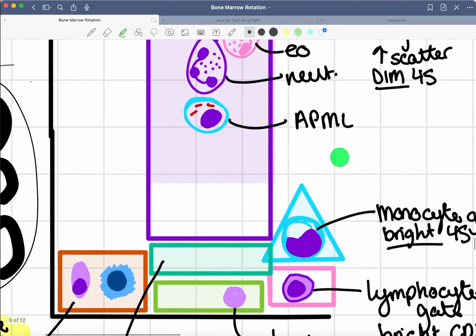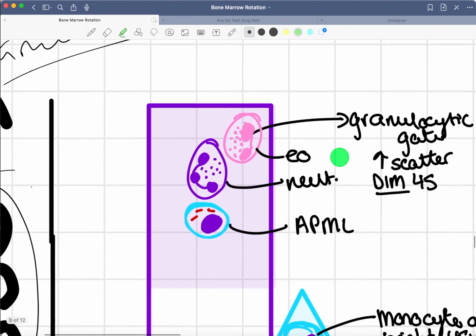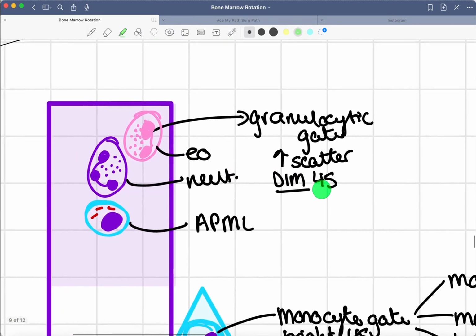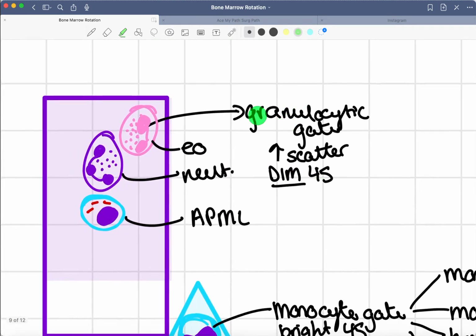So we'll go over a little bit further here, and we'll start up over here with the cells, sorry, I keep saying molecules, the cells that have the most granules in them, and that tend to be about medium size. So this here is our DIM45 gate, or we can call it our granulocyte gate.